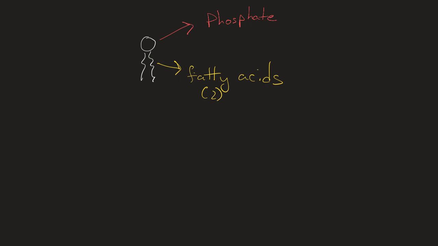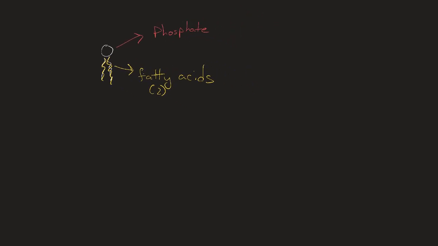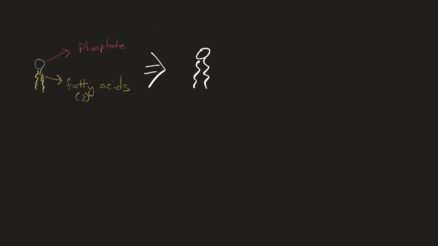Two of them, 1, 2, to make a phospholipid. That is a phospholipid. It's the basis of a cell membrane.